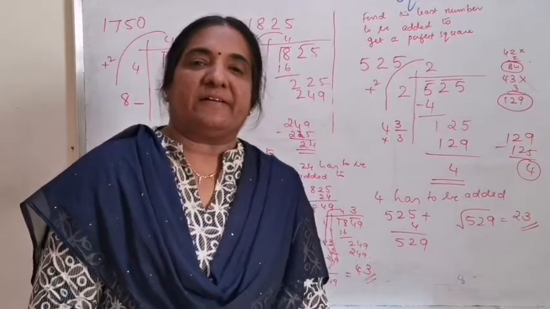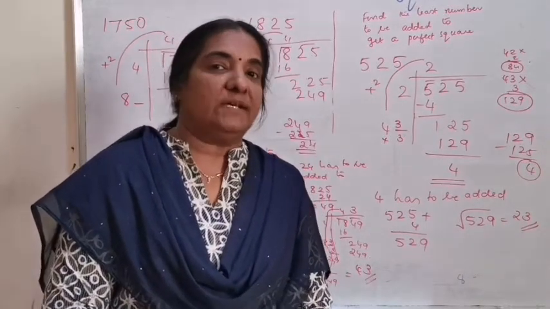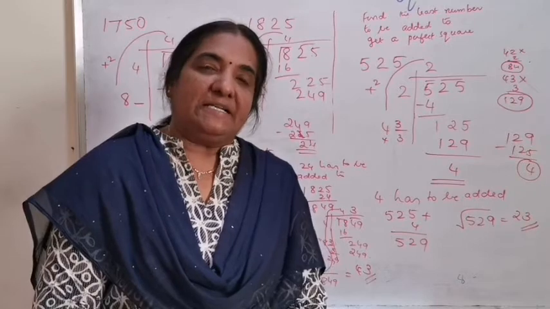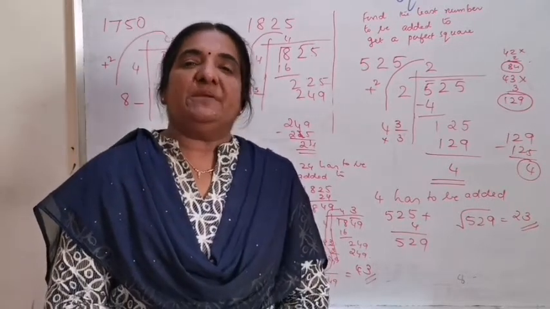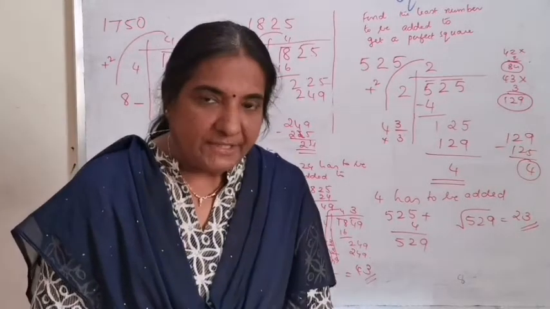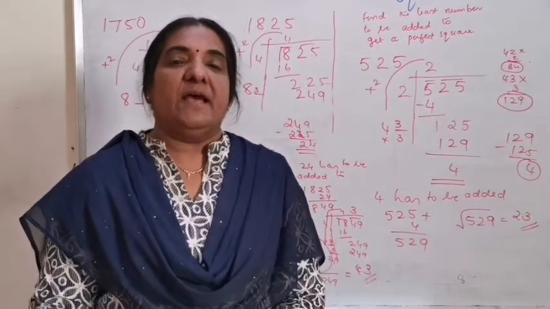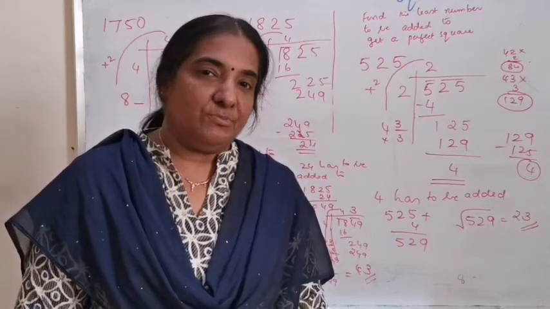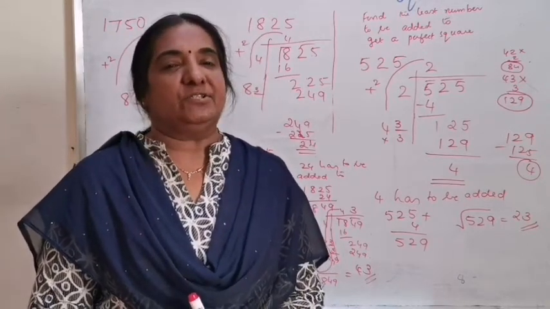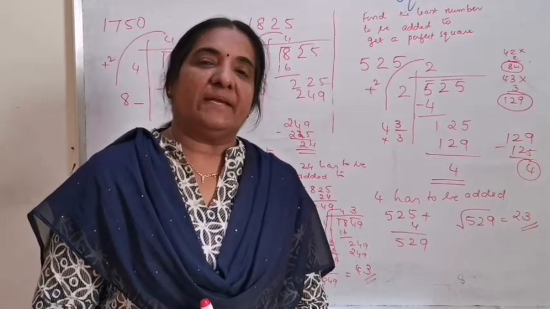By prime factorization, you can understand what prime numbers are to be multiplied or divided with, or what number is to be multiplied or divided to make the given number a perfect square. And by long division, you can understand what is the minimum number to be added or subtracted to make a number a perfect square number.